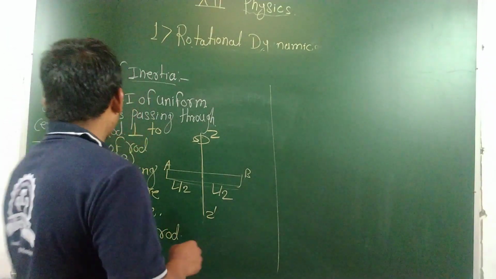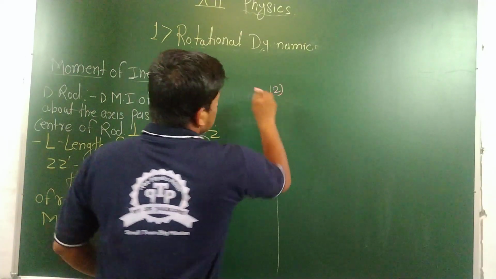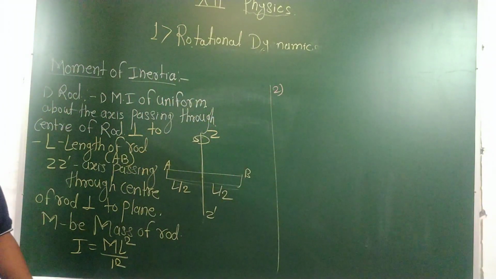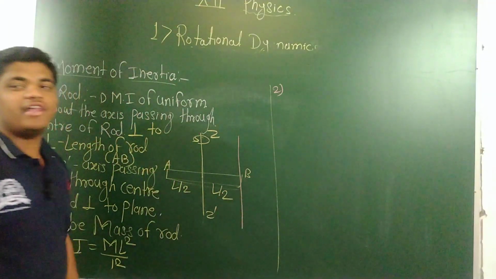Then the second application, for the same object, is when another axis passes through one end of that object.